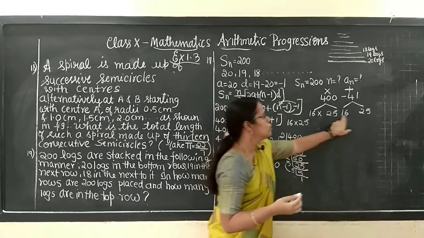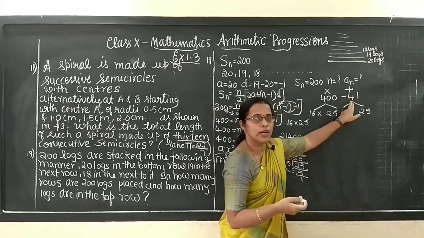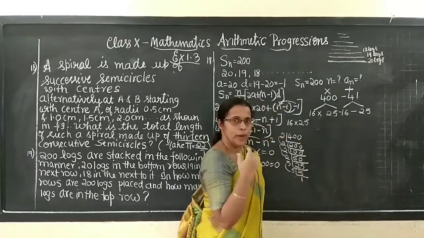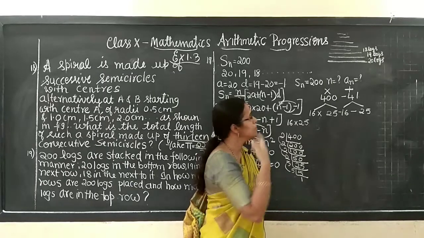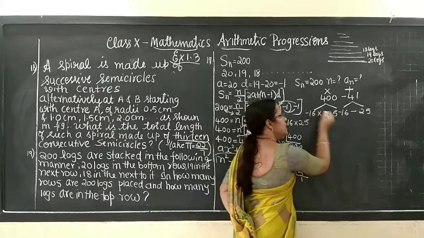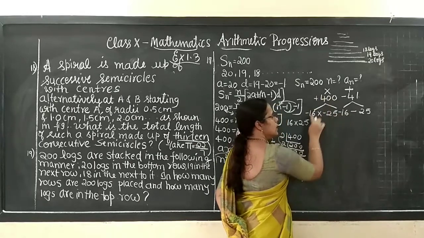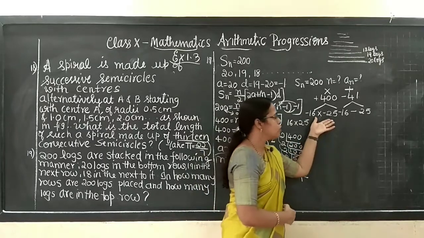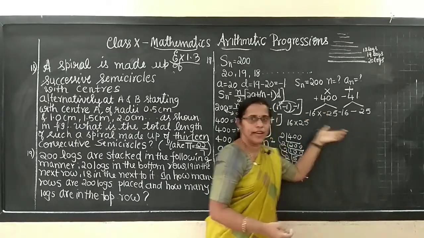So children, two smaller numbers, the answer gets bigger, which means both will be minus. So minus 25 minus 16 is minus 41. Okay, so minus into minus is plus, 16 into 25 is nothing but 400. Now what are the factors of this, 16 and 25? Can I write here?